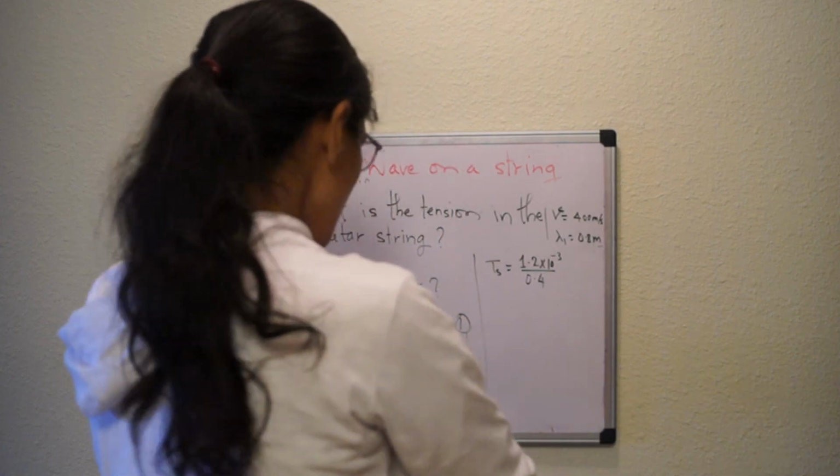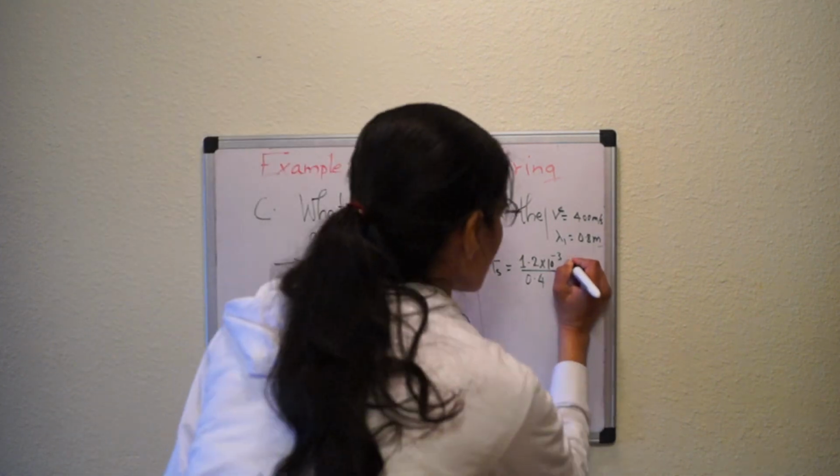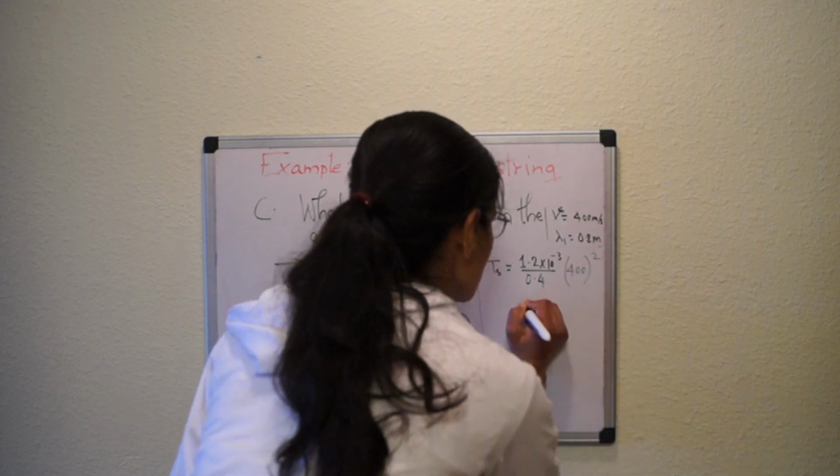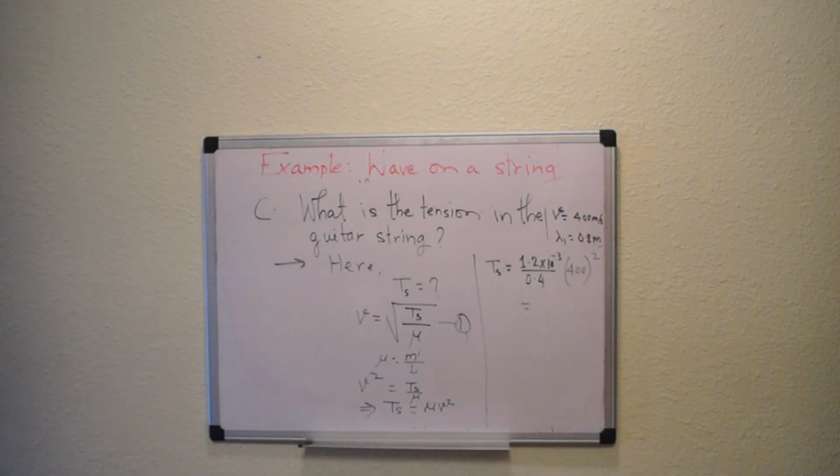That is the mu here in place of mu, and then V square is what? Whatever value you guys got here. So V square. So when you do this, what do you get? Put it in the calculator and see.